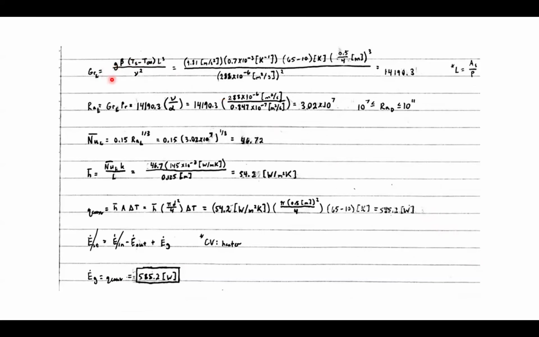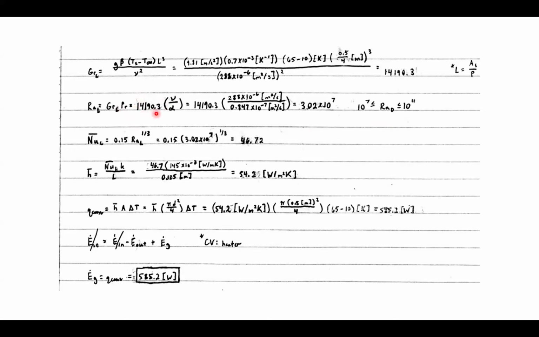So first we calculate the Grashof number. We get a very large number for the Grashof number. Again, the characteristic length here, L, is equal to the surface area divided by the perimeter of the tank. And then we can go ahead and calculate the Rayleigh number.